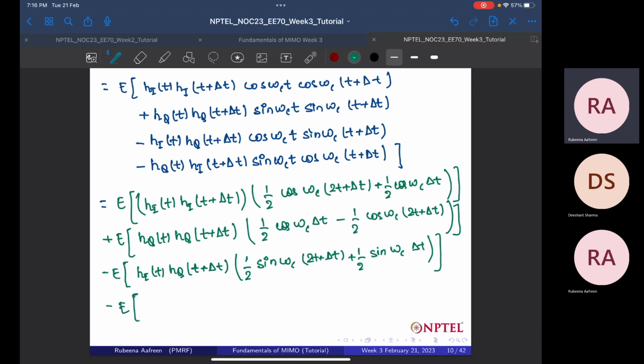Then the last term would be hI(t plus delta t) hQ(t) into half sin omega c (2t plus delta t) minus half sin omega c delta t.